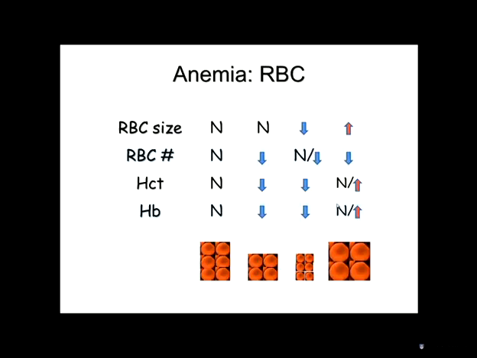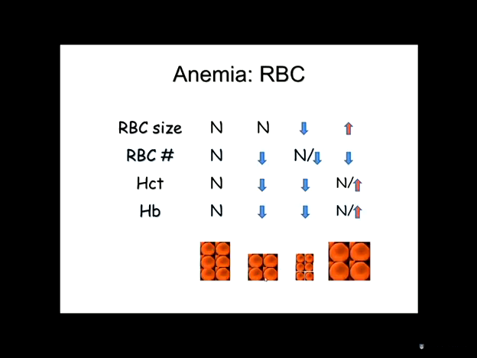This I just included as a way for you to think about how cell size, cell number, hematocrit, and hemoglobin can be represented by the size and the number of cells. Okay, so you can see here that you can have normal cell numbers, size. So this is your control group, right? These are the normal cells. And relative to that, you can still have normal size of cells like the ones in this group.